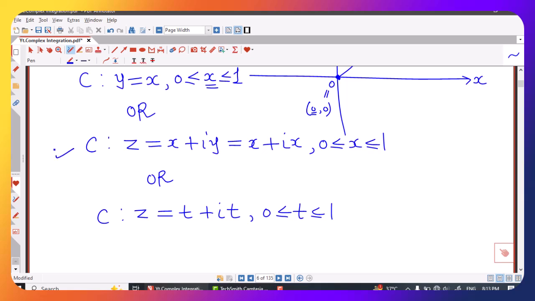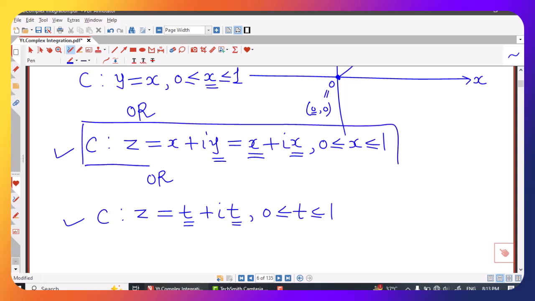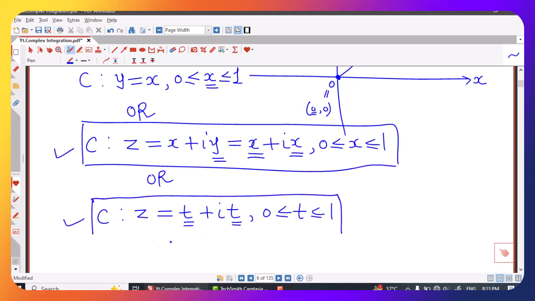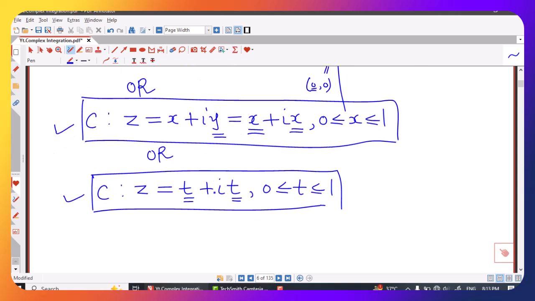So either you can use this or this. Here we consider x itself as the parameter. Here we take x equal to t, and because x and y are the same, here we have y equal to t. So we are going to use this representation to evaluate the given integral, and these two are equivalent because t and x are dummy variables. Either we use x or t or any other variable, it does not matter.